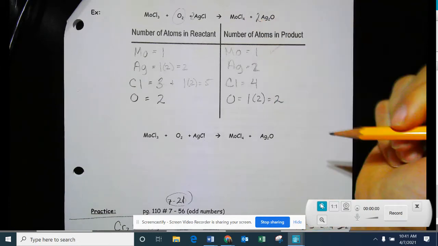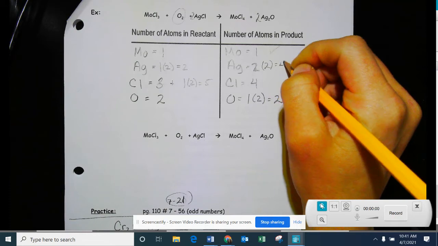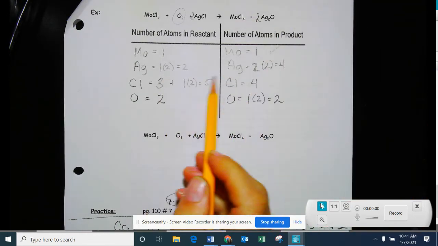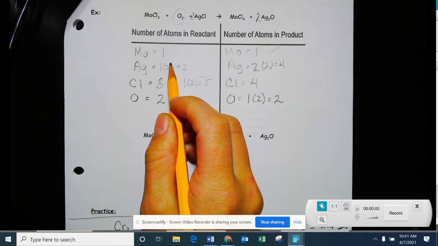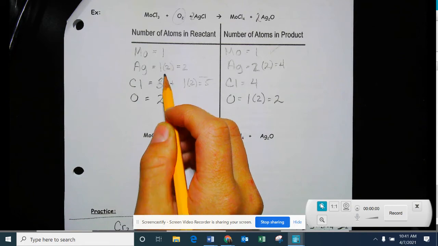That also affects my silver. So now I've got 4 silver on this side. So what I'm going to do now is go back and balance silver. So silver, instead of multiplying it by 2 now, I've got to multiply it by 4.